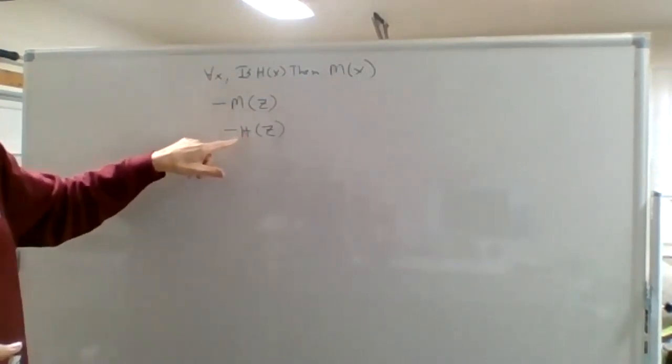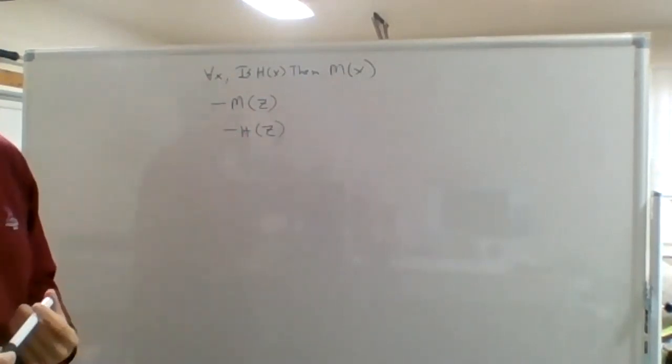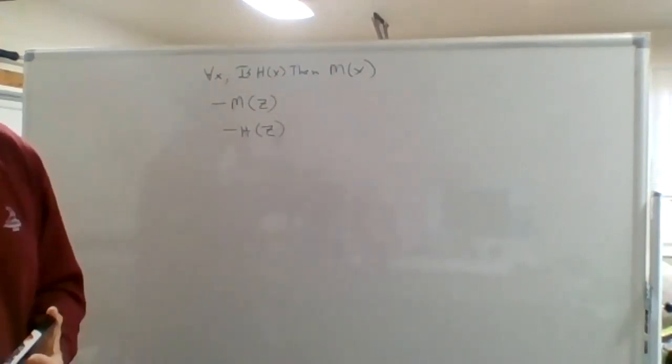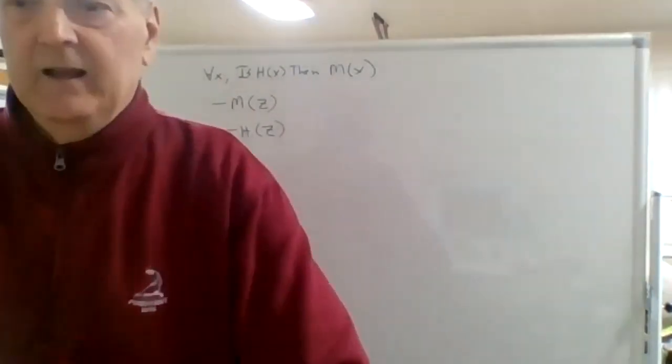Therefore, Zeus is not human is the conclusion. So we've written it formally like this. And then the question is, is that a valid form of argument? And it is, because it has the form of universal modus tollens, and therefore it's valid.